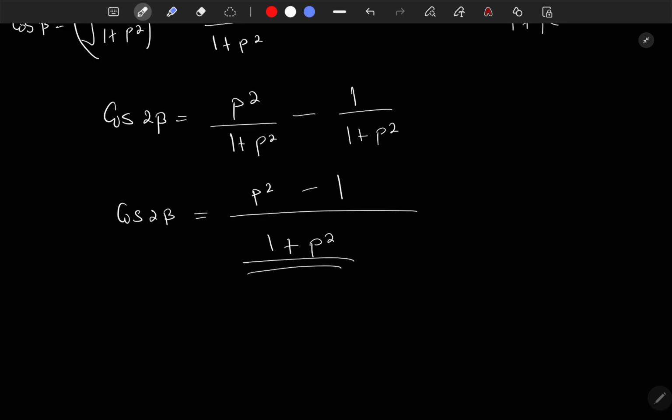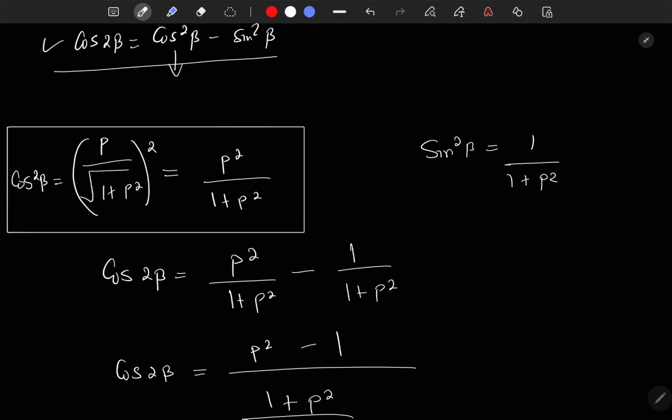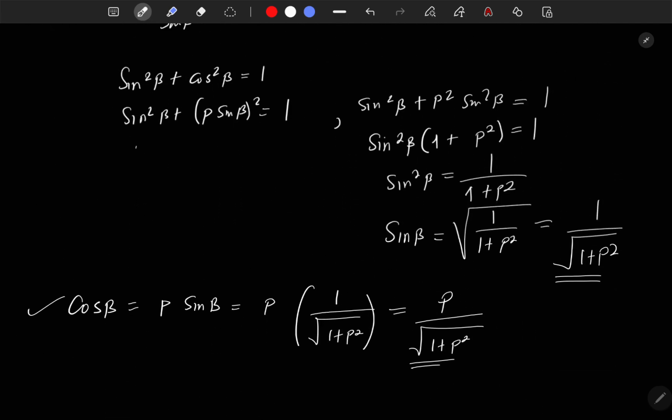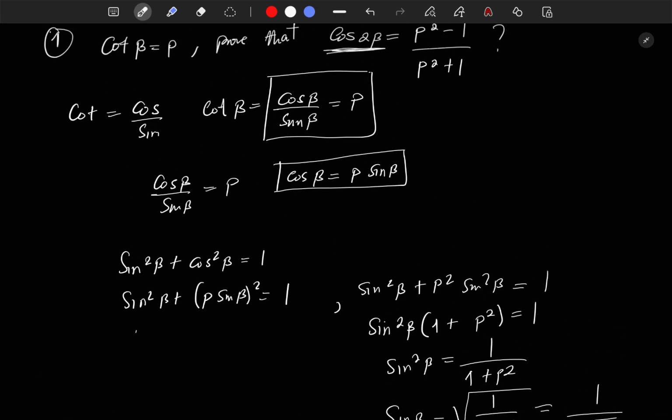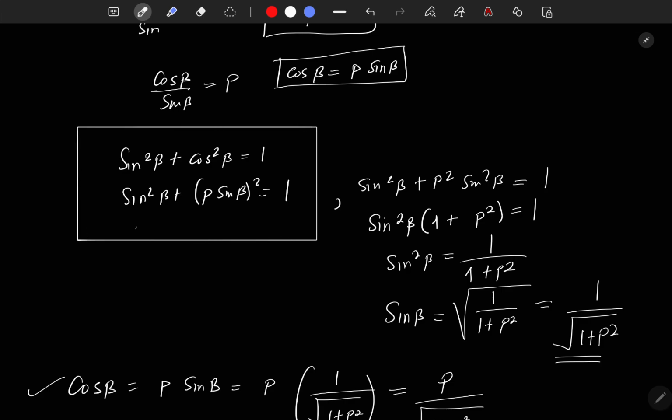So the only thing that we needed to do here was to know how we can get cosine squared beta, and at the same time, how can we get sine squared beta? And for sine, we use this Pythagorean identity, which helped us get sine beta.